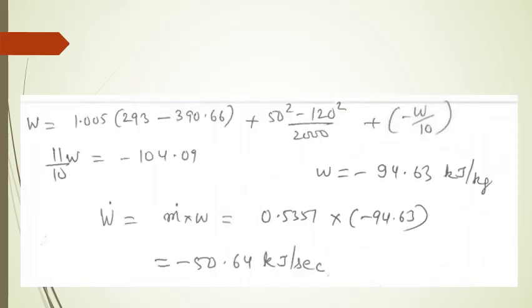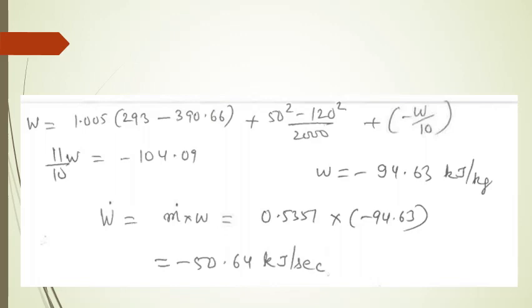Now we have obtained the entire steady flow energy equation in terms of W. One W was standing for work transfer and the other, which was for heat transfer, has been substituted by minus W upon 10 as per the question.